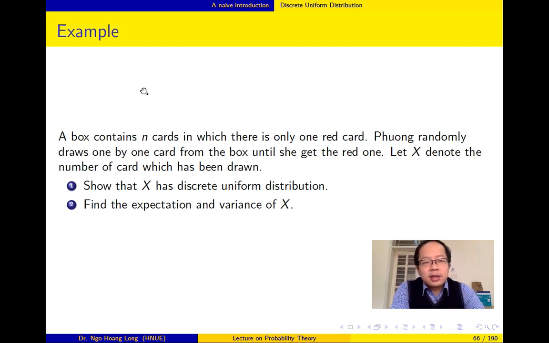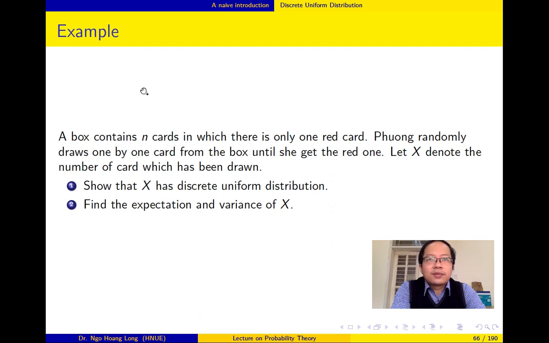Here is an example that we already studied in the previous section, but now we look at it from a different point of view. Now I have a box that contains n cards, in which there is only one red card. A student named Phương randomly draws cards one by one from the box until she gets the red one.